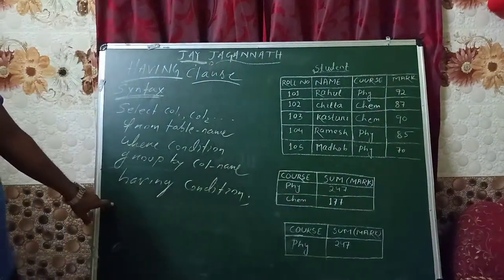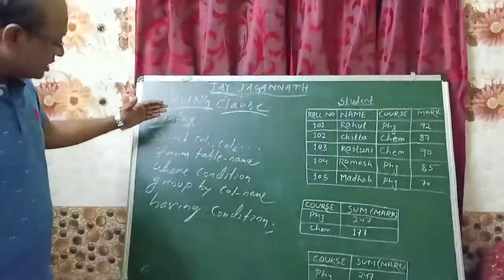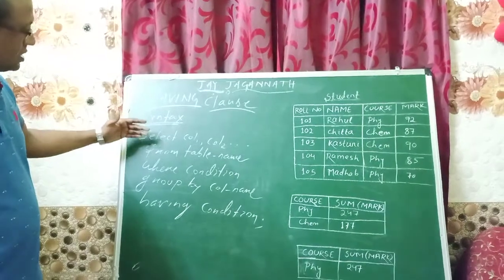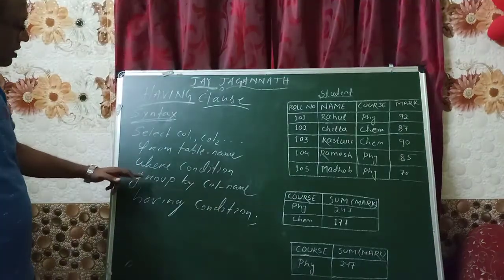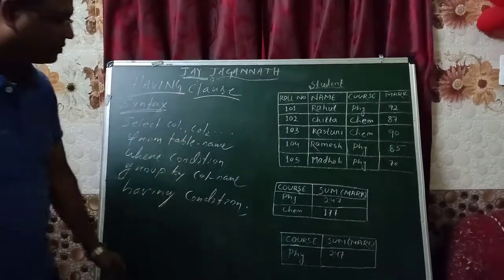This having clause is used for the group by clause. So in this order: select, from, where, then group by, and last you can use the having clause.